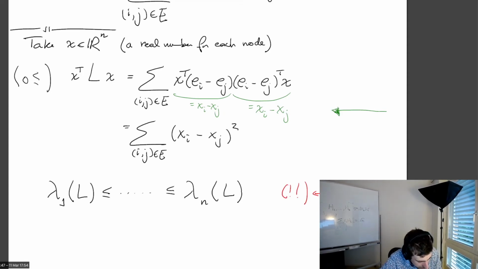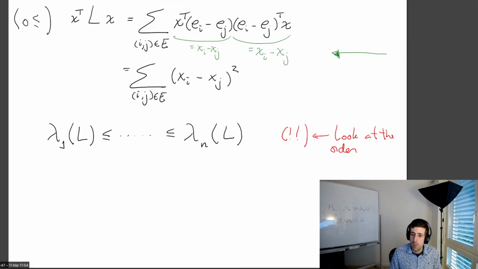Look at the order. Because it's positive semi-definite, we know that this is bigger or equal than 0. But we know something else. Claim: it actually is equal to 0.